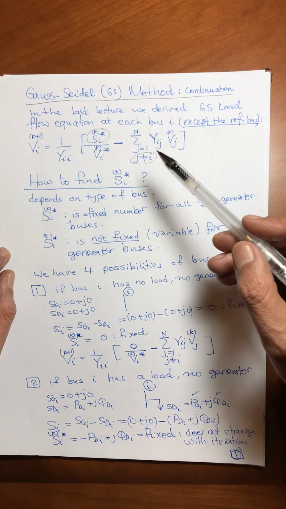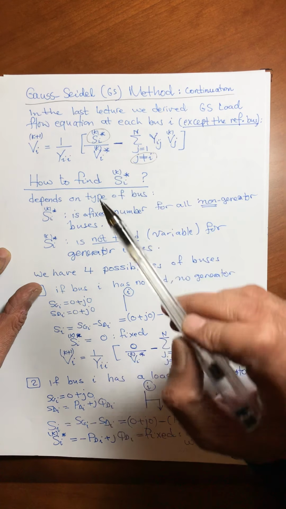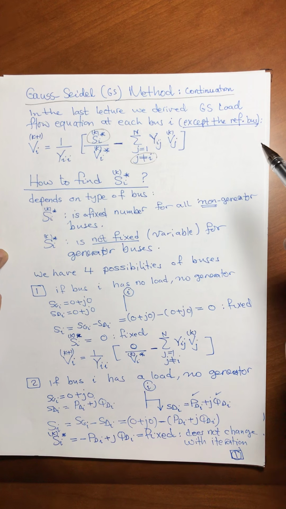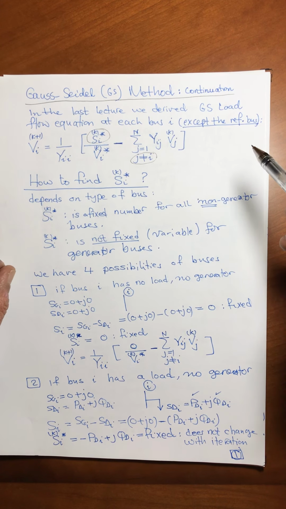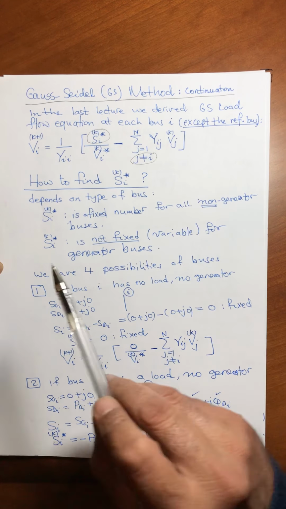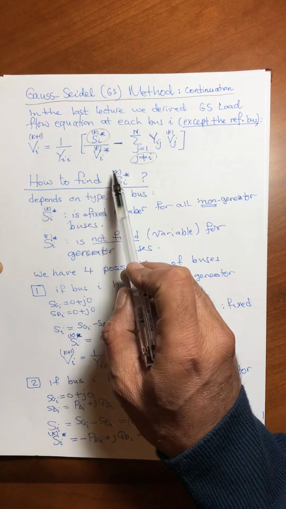The problem is how to find Si or Si conjugate of iteration k. This is the only difficulty we may face in Gauss-Seidel load flow method.